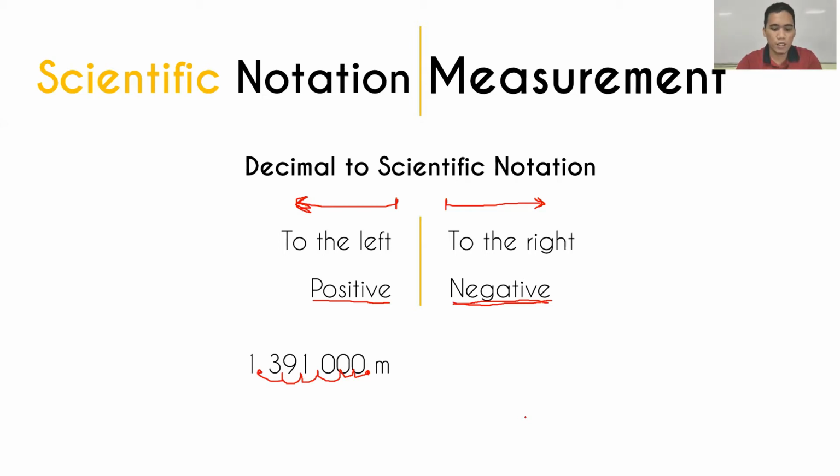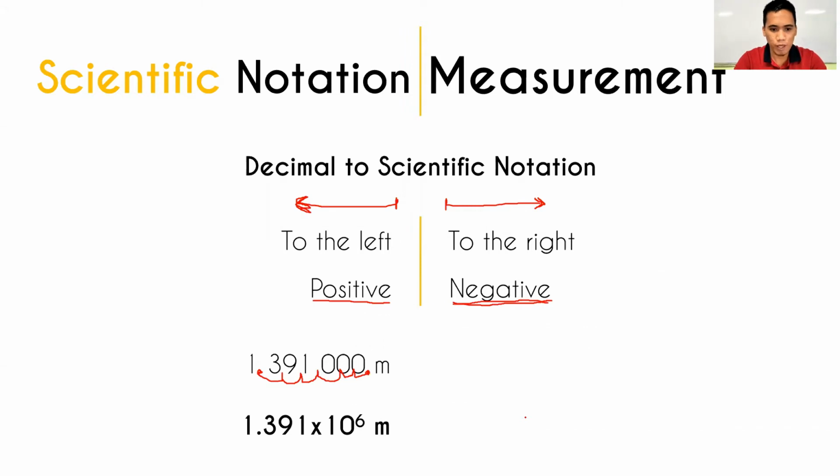Since we moved 6 places to the left, the exponent will be the number of places the decimal moved, and its sign depends on the direction of the movement. Since we moved to the left, it is positive. So now it becomes 1.391 times 10 to the power of 6.